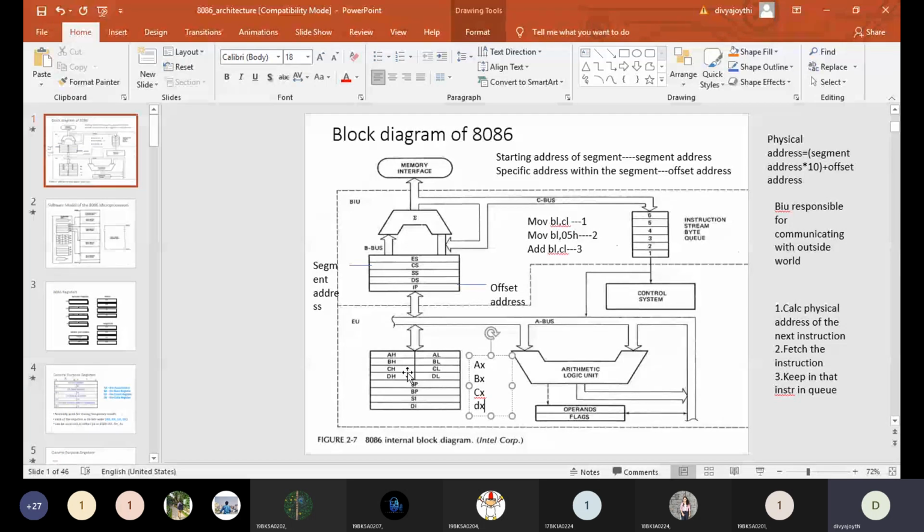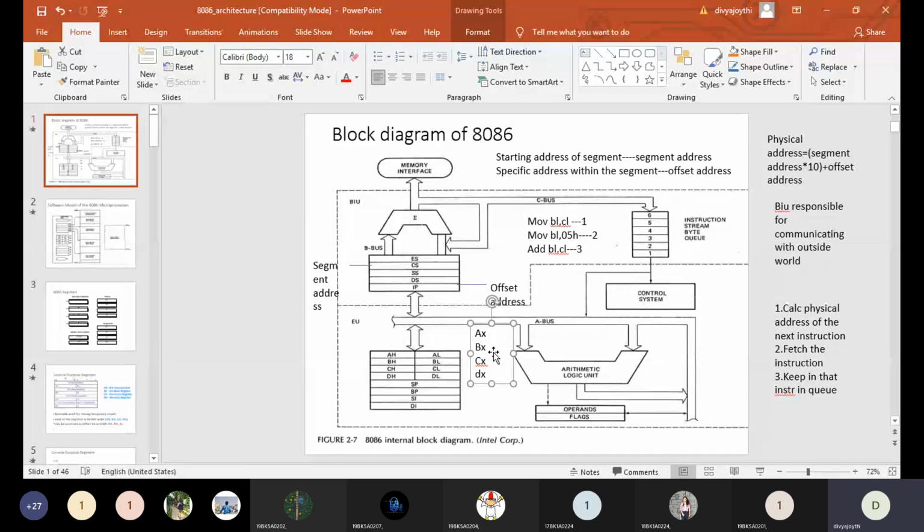Out of all these registers, we can use only these 4 registers while we are writing the program. That is the reason why AX, BX, CX, DX are called general purpose registers, as they are freely available for the end user to make use of while writing the program.